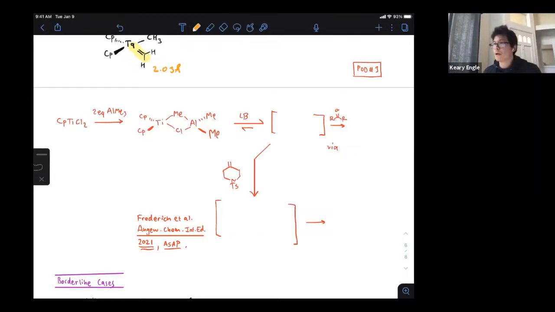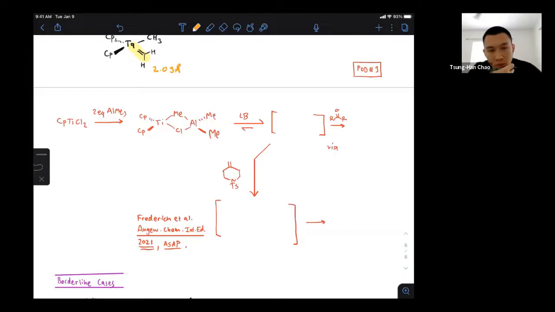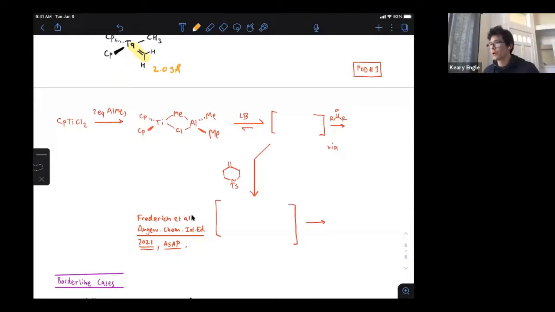And what will then transpire? I'm not pretty sure, but I guess the chloride will be displaced. Okay, I think your intuition here is totally on point.